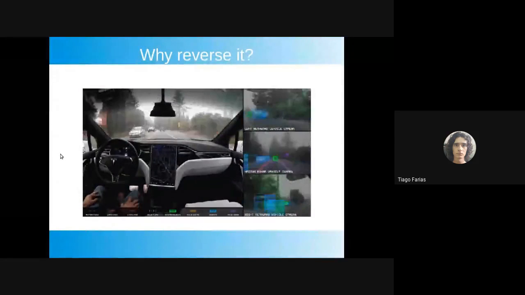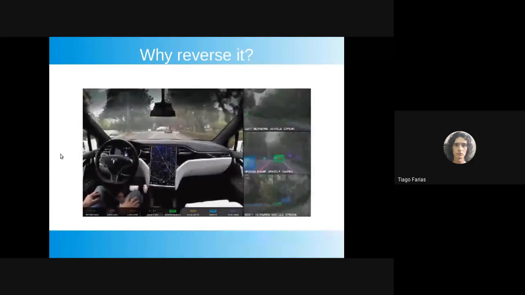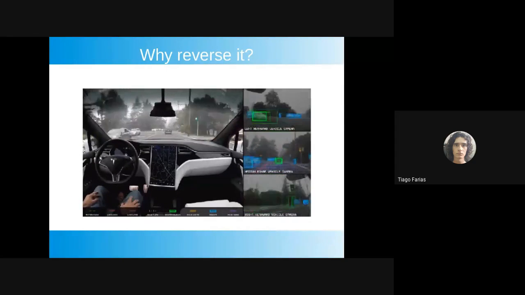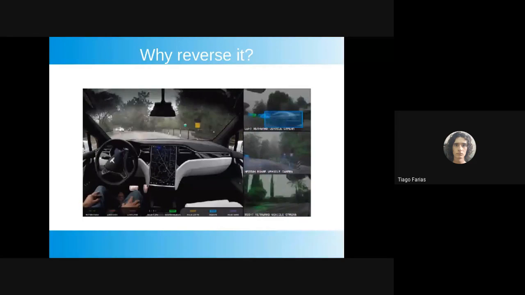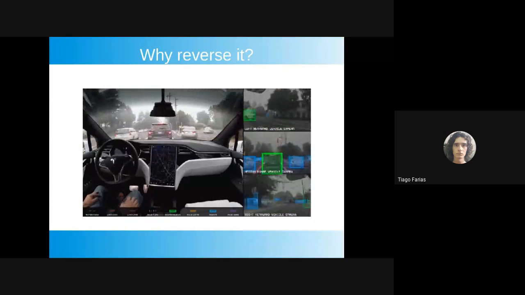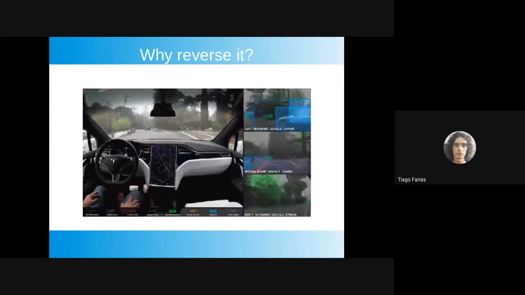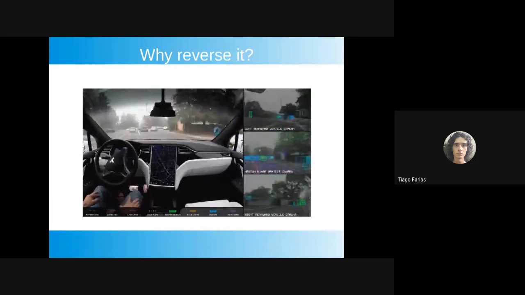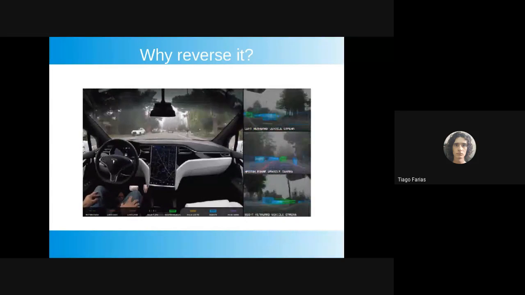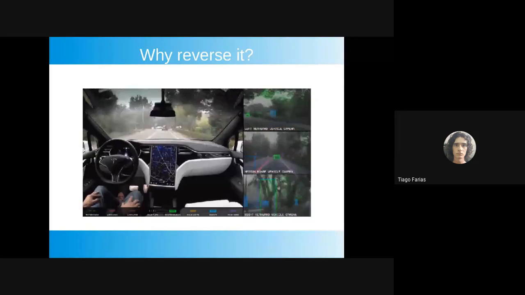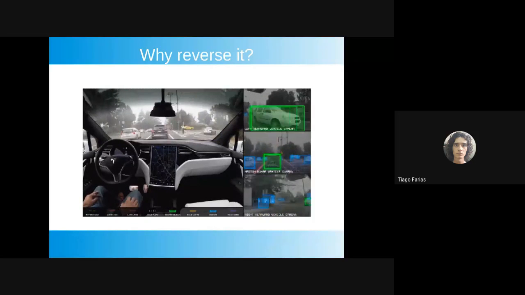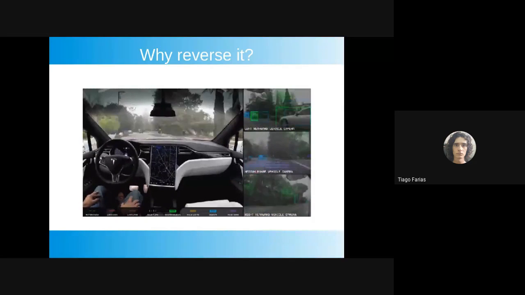So, for example, a system where reverse graphics is very useful is self-driving cars. In self-driving cars, you can use cameras, but the self-driving car has to know the position and velocities, for example, from the other cars, from people, from all the objects from the environment.